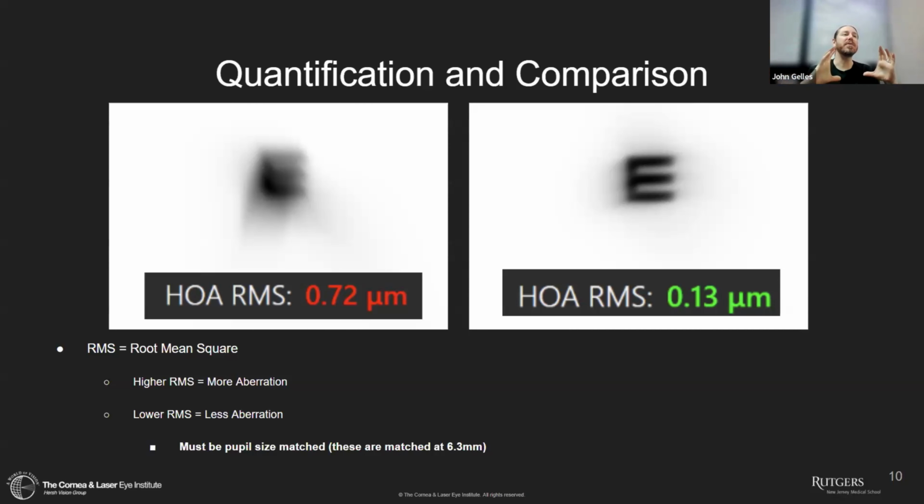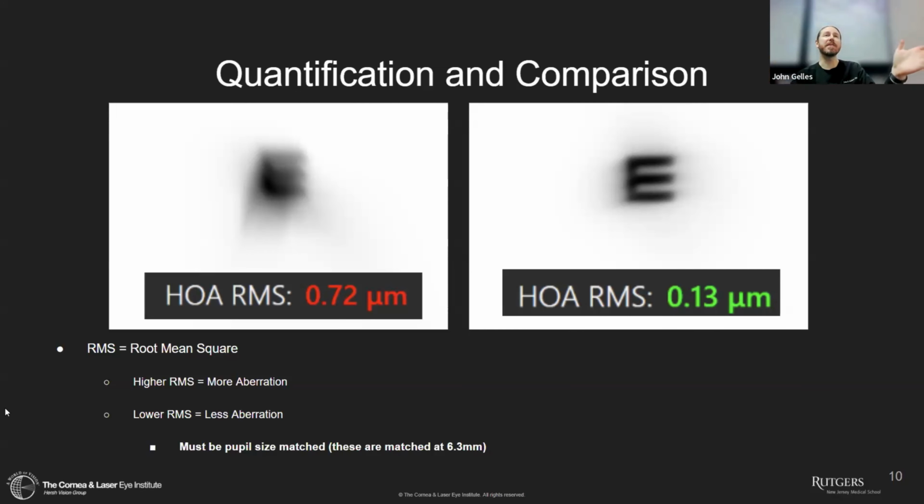So we need to make sure the pupil sizes are matched. The cool thing about the software for many of these aberrometers is they can automatically size down to a certain diameter so you can make consistent, comparable measurements.